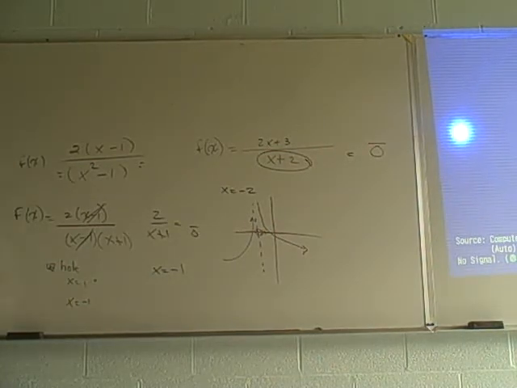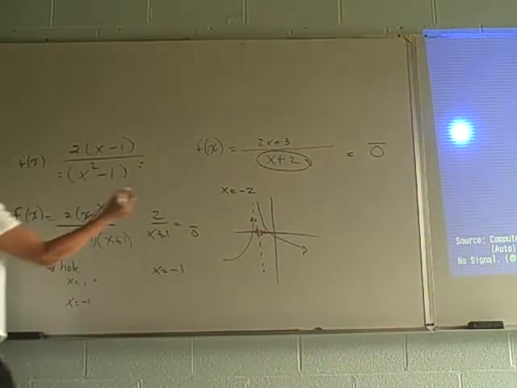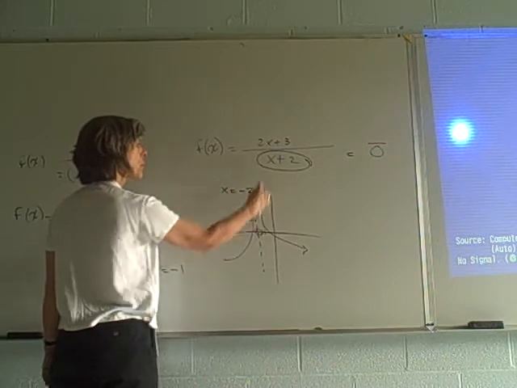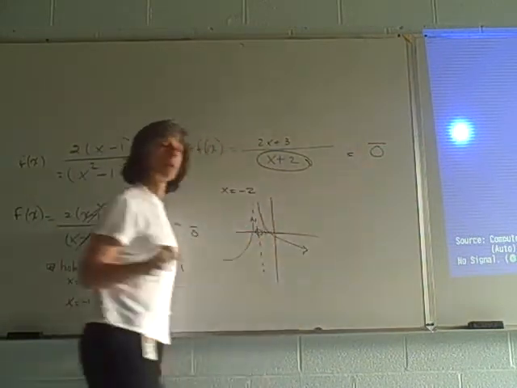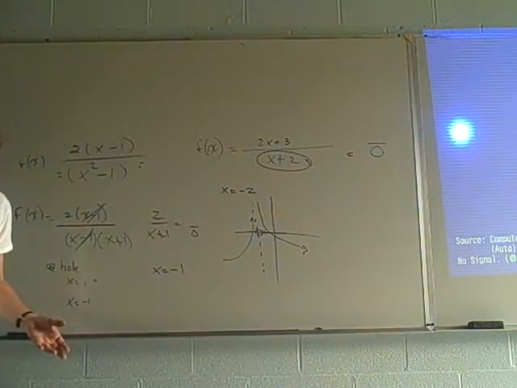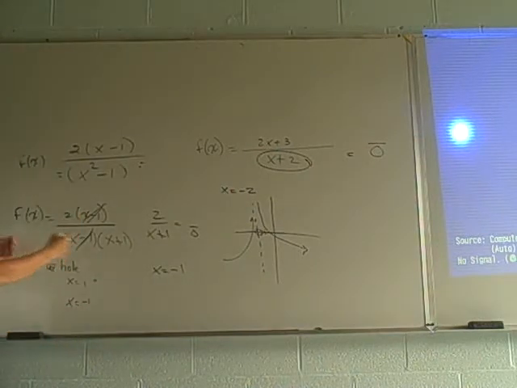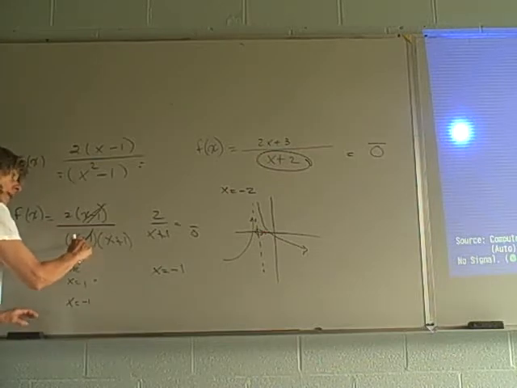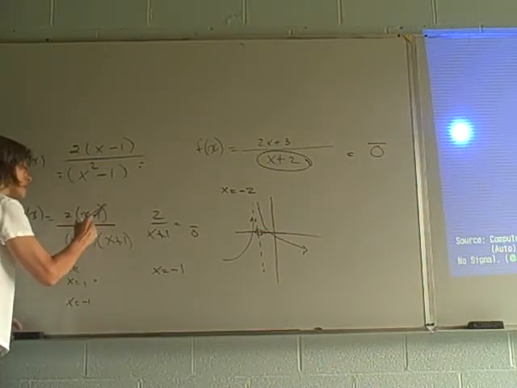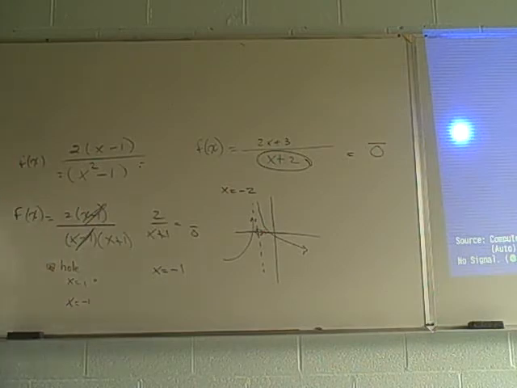Okay? So that's why you should be able to just look at the graph and say, in this case, I know that there's going to be an asymptote when x is at negative 2 because my denominator will equal 0. When I factor it, and it could be that there's something right here, but because I can get rid of the factor, then we just say that there's a hole there.